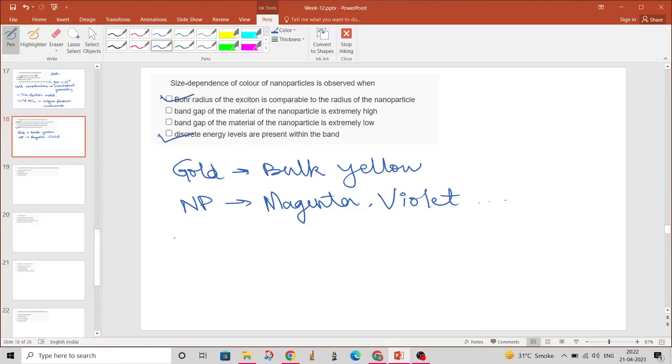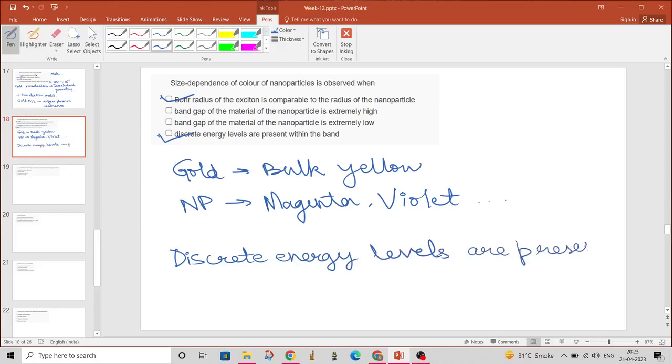So discrete energy levels are present in nanoparticles.